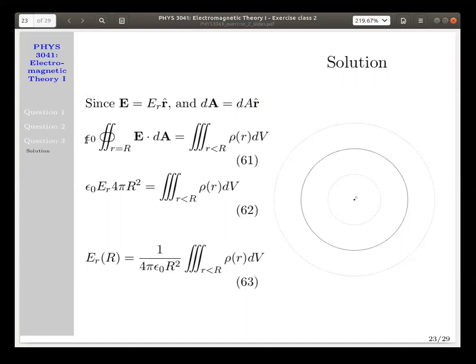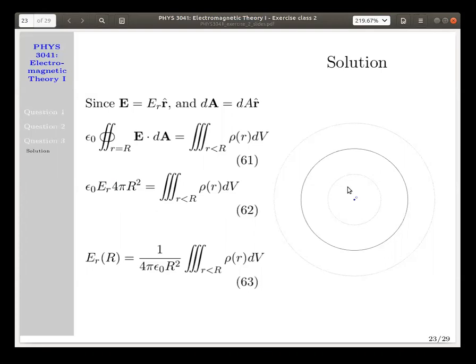Then we can do the integral on the left-hand side because over a Gaussian surface, the electric field here is constant. So when we do the integral here, it is just the electric field on this Gaussian surface multiplied by the area of this Gaussian surface, which is 4 pi r squared.